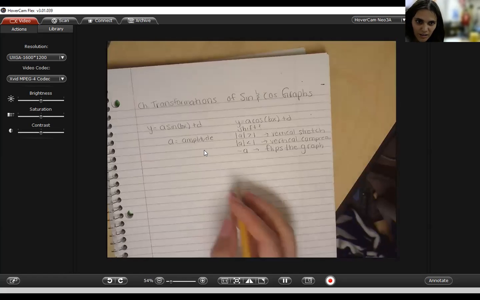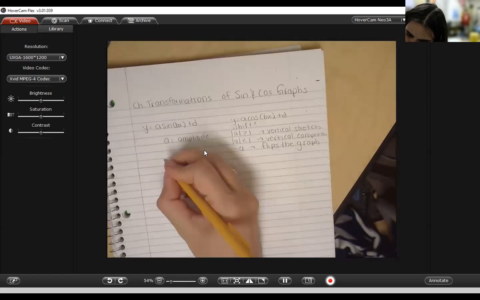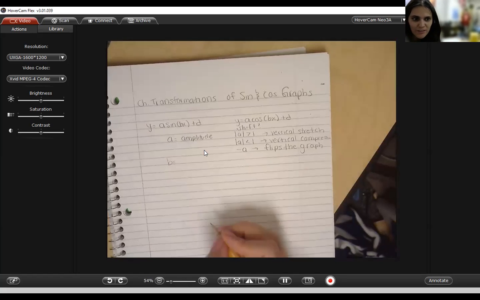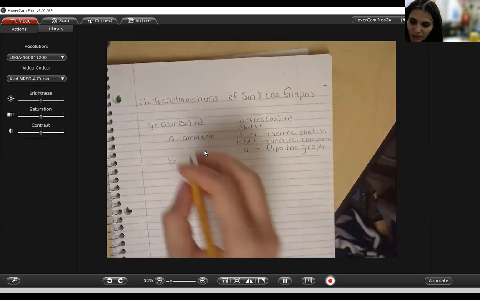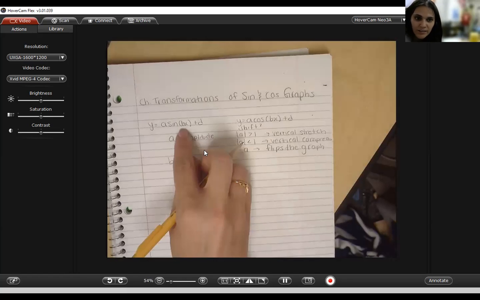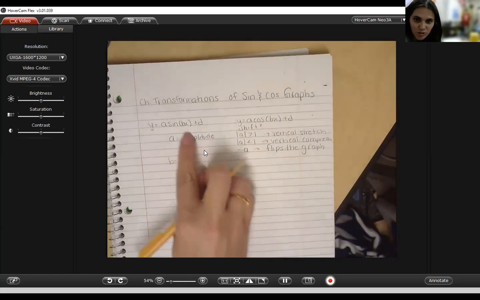All right, and let's see, B is going to have this fun relationship with our period. When B is 1 in our parent graph, the period is 2 pi.